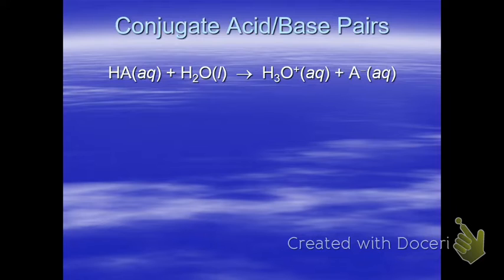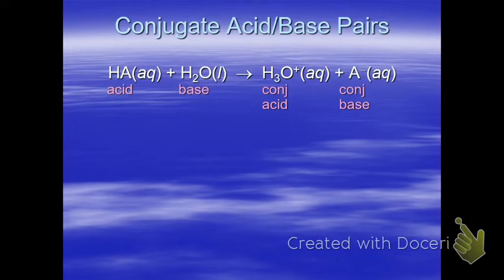So when I have HA, that just means some random acid. Now, there's some vocabulary here. Acid and base, we've talked about those definitions. But on the product side, there's something called the conjugate acid and the conjugate base.